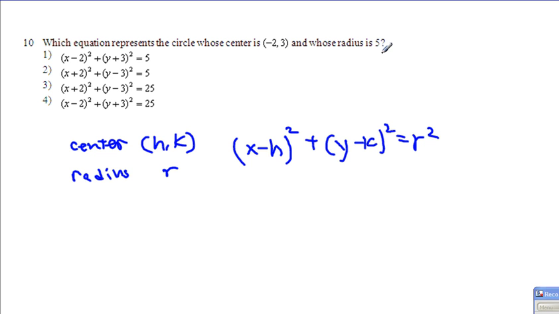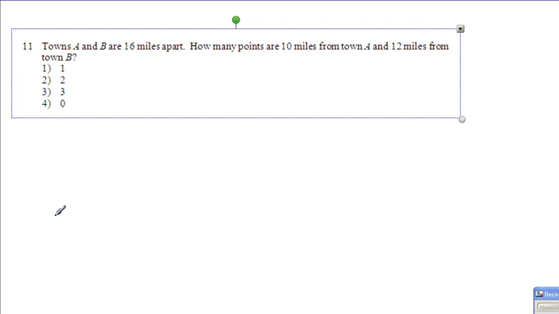Now here we gotta have radius being 5, then it has to be one of these two. Now, since the x value is -2, that means x minus -2, therefore it should be +2 squared. Therefore our final choice would be choice 3.